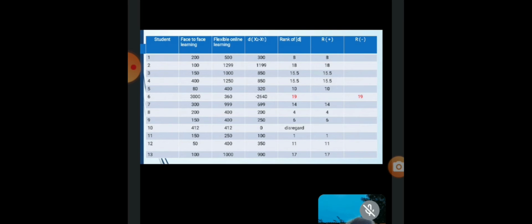Then, 1 to 20 po itong aming respondents. Ikalawang column po namin ay face to face.